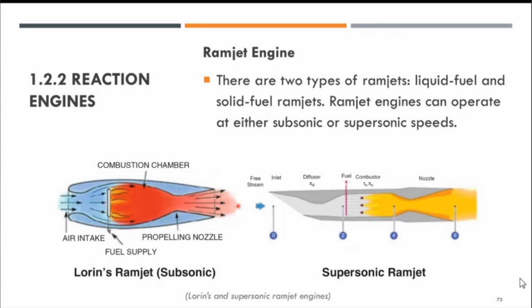You do not have the turbine, you do not have the compressor. Similarly here, the supersonic ramjet: you have the inlet intake, you have the diffuser to slow down the flow, and then you have fuel injection, the combustion process occurring here, and then the convergent divergent nozzle configuration.